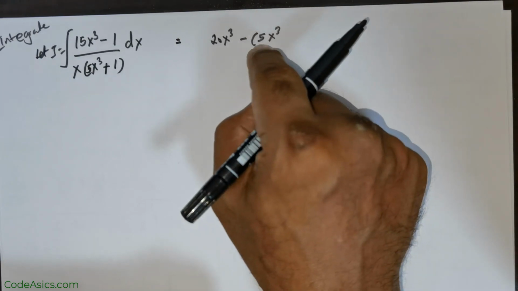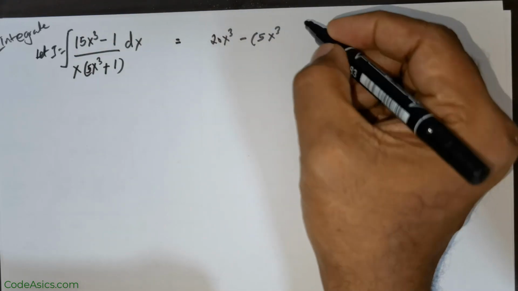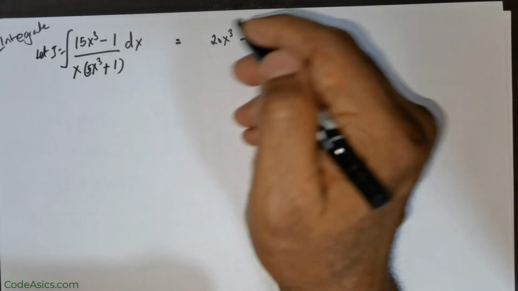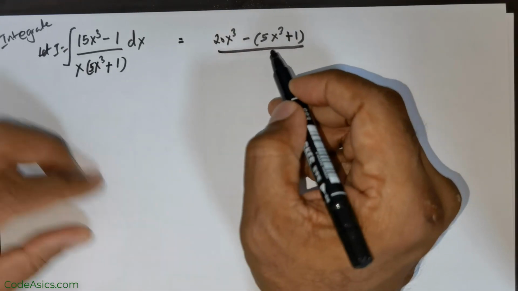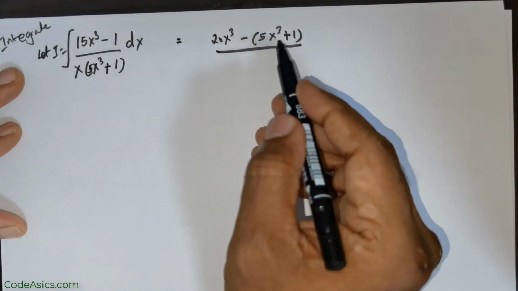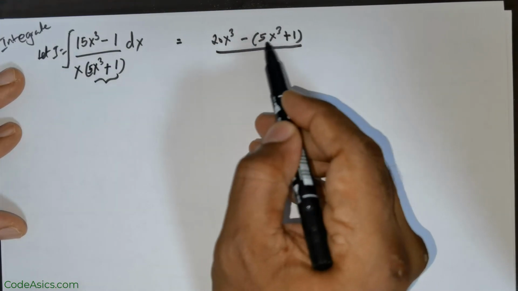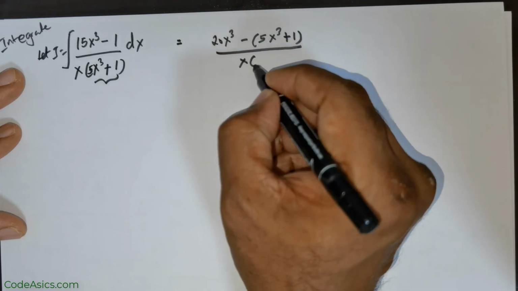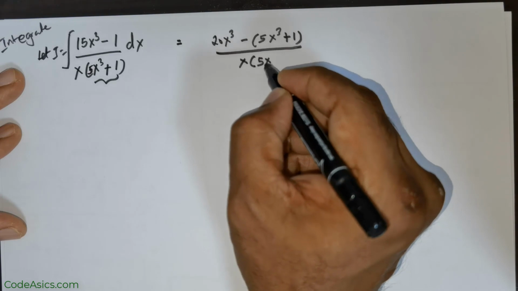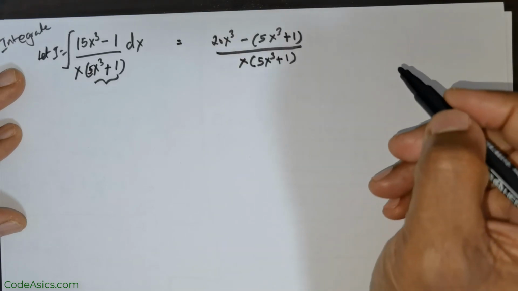Now when I subtract 5x to the power of 3 from 20x to the power of 3, I am getting 15x to the power of 3. Fine, but I need to have a negative 1, so for that just place a positive 1 there. Now this is how you write the numerator in such a fashion that you have this term as one of the terms in the numerator. So this is divided by x times 5x to the power of 3 plus 1. This is what we have got.